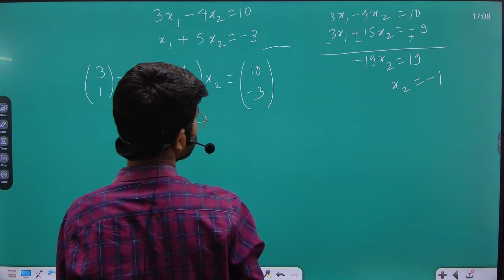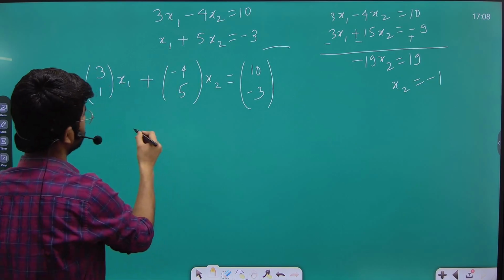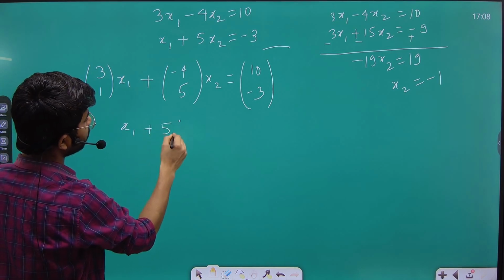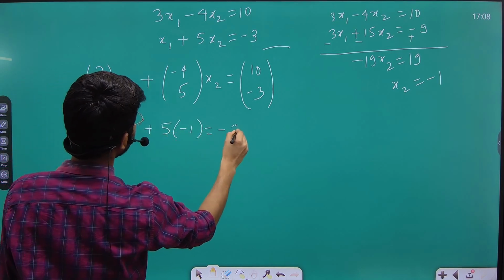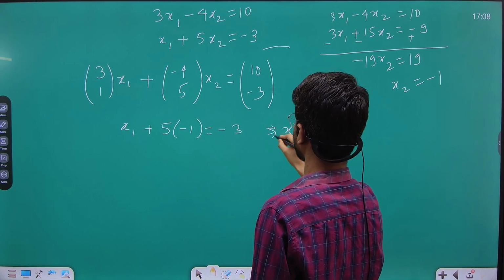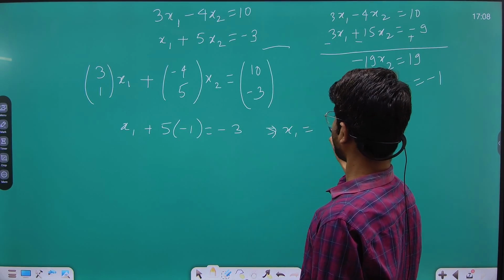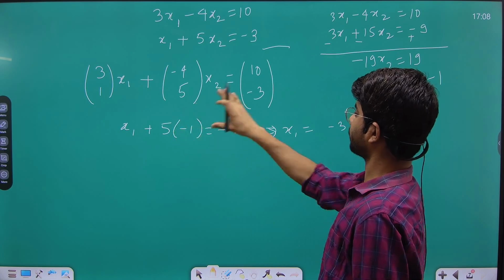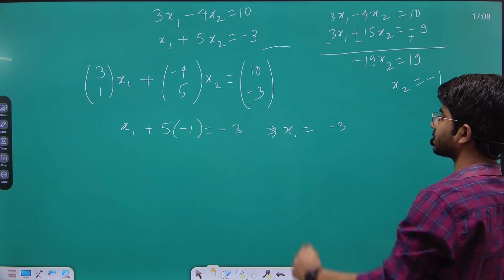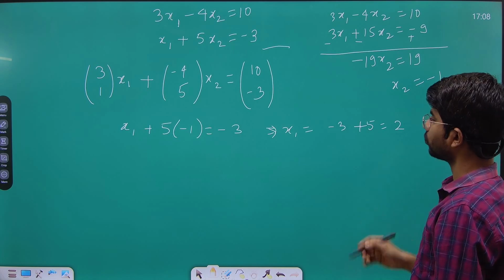Okay. So if you put that value in the second equation, you will have x1 plus 5 times minus 1 equal to minus 3. So you will have x1 equal to minus 3, and this minus 5, when brought to the right hand side, becomes plus 5, so x1 equals 2.